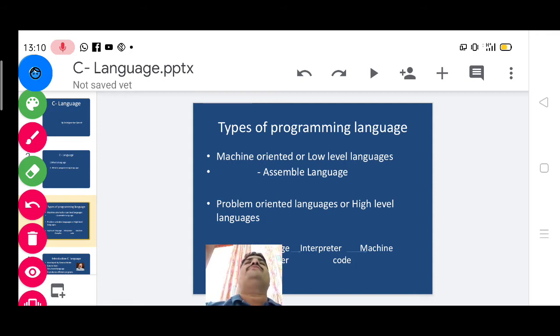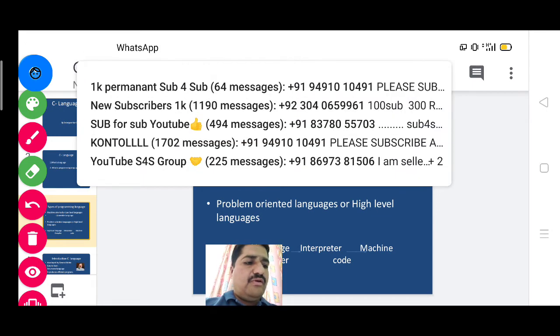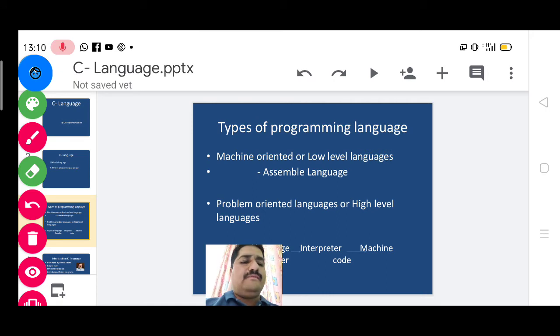Writing programs in low level language is complex and difficult, but we have faster execution. That is the creation of programs written in the low level language, and the next language is a high level language. In assembly language, certain English words are used.